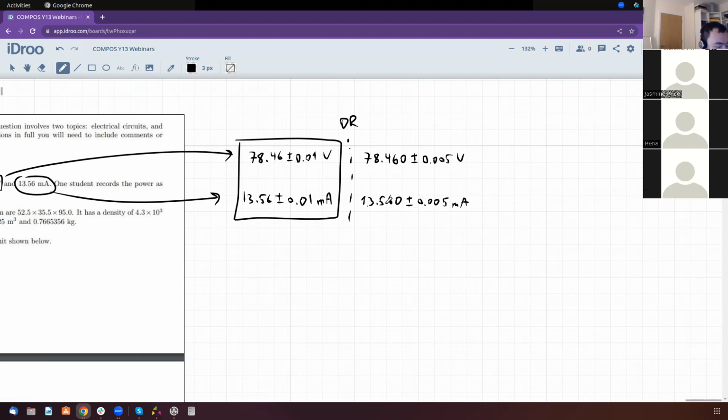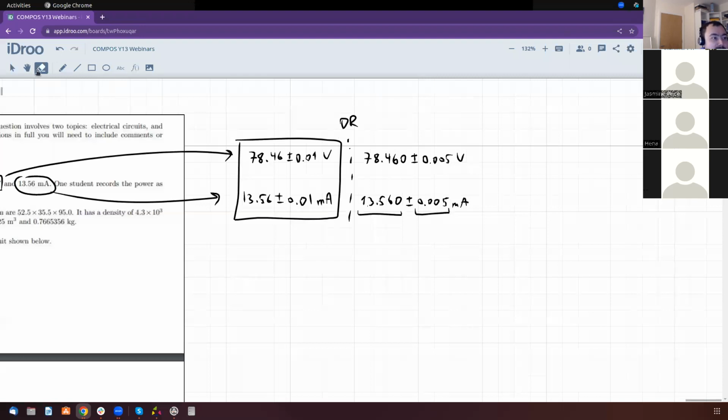At least according to the A-level practice, the number of decimal places in the value has to match the number of decimal places in the uncertainty. So writing 13.56 plus or minus 0.005 would be a mistake, at least for A levels. If you're doing science, doing experiments, that's okay. But in A levels, they really don't like it. They will mark you down for that.